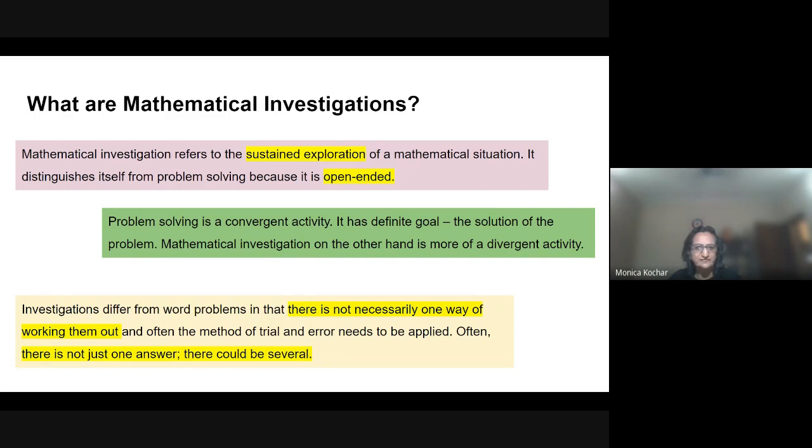Because life is not governed with formula. Even higher maths is not governed with formula. You need to have a bit of a researcher approach. And that's what bringing investigations in class brings about.